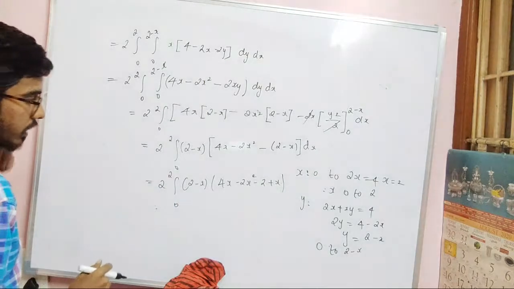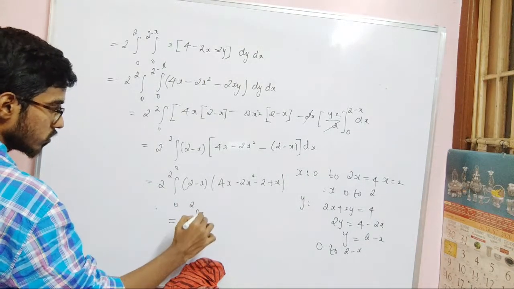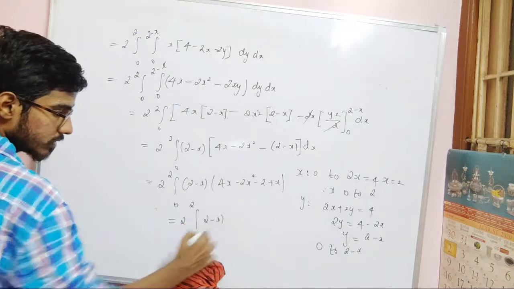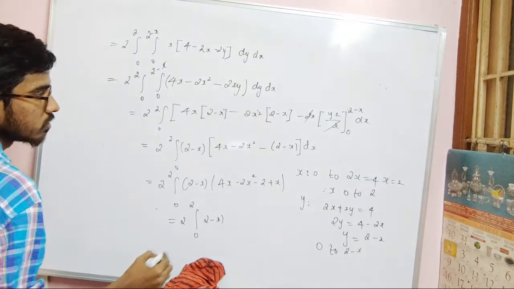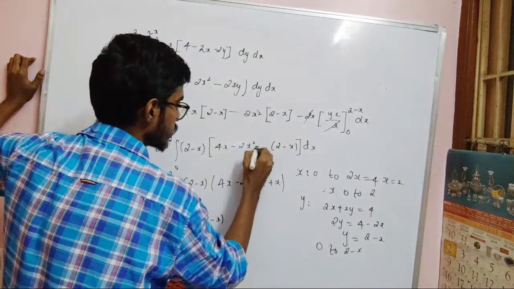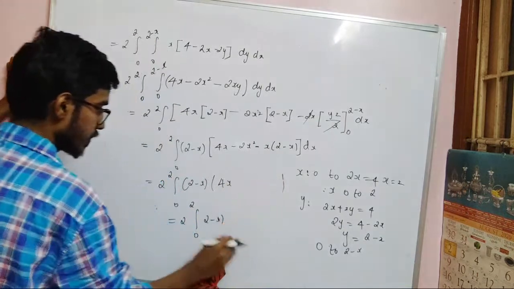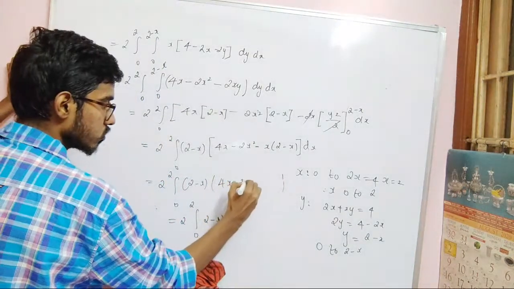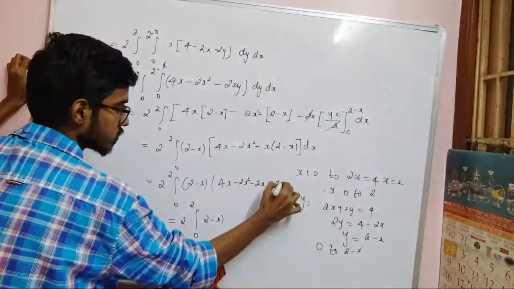So this will be 2 times integral 0 to 2, where you have x. So this will be 4x minus 2x square minus 2x plus x square.